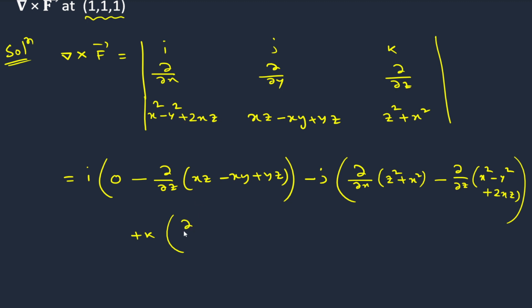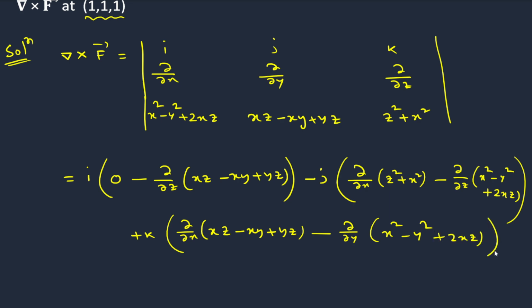Now it will be del del x of xz minus xy plus yz, minus del del y of x square minus y square plus 2xz. Okay, now we'll differentiate it. So del del z of xz, where z is involved?